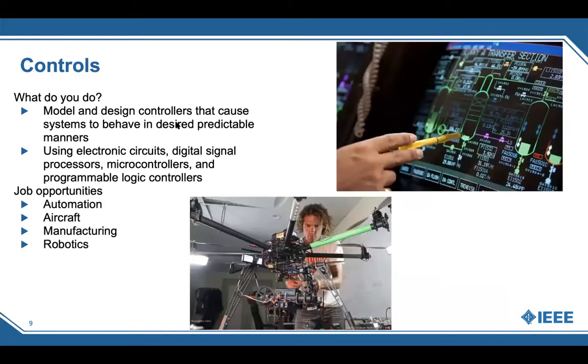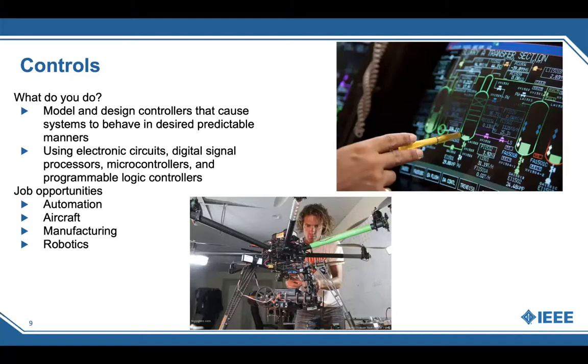So controls, both Gerardo and myself are controls. This is not the biggest major, but if you haven't decided your concentration with the major, I'd say controls is very interesting. So what do you do with controls? You model and design controllers that cause systems to behave in a desired and predictable manner. You use electronic circuits, digital signal processors, microcontrollers, and programmable logic controllers.